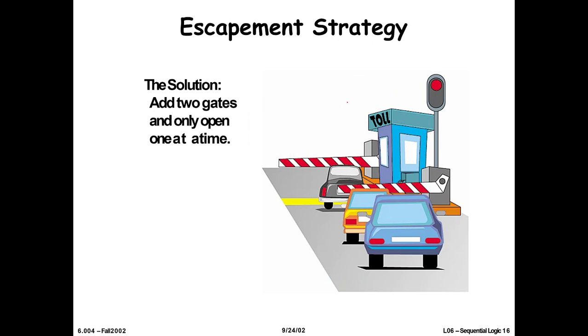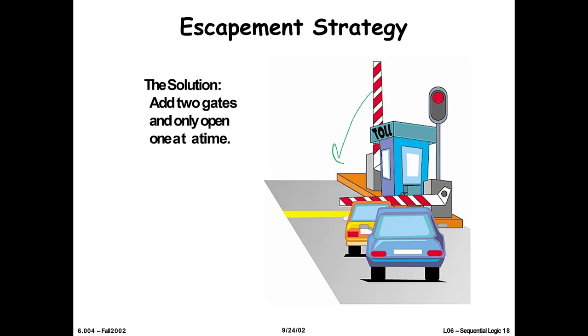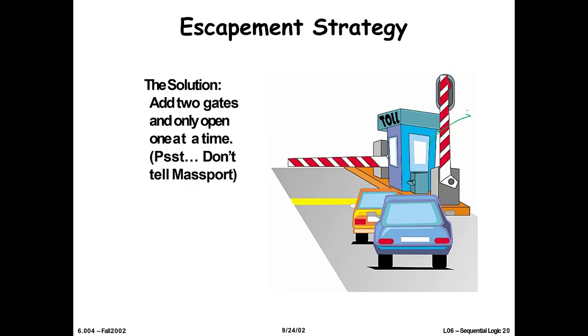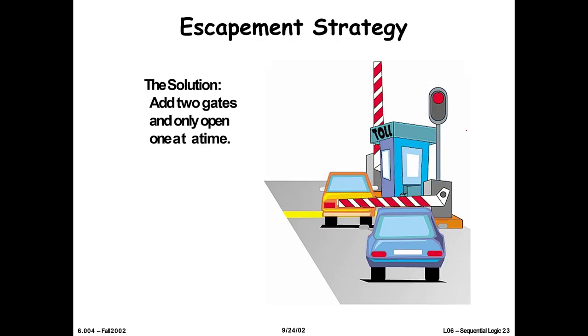So an analogy is like this: instead of one gate, now you have gate 1 and gate 2. Imagine the first car goes in between the two gates, and the first gate is opened for the first car. It goes in, then this gate is closed, then the next gate is opened, and it pays tax and goes outside.